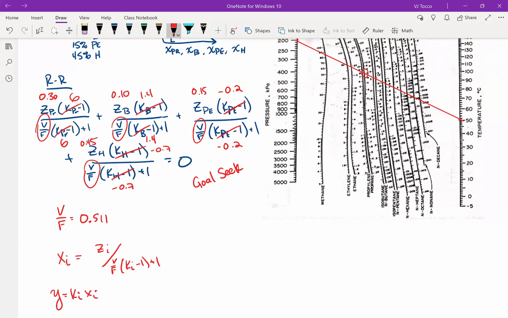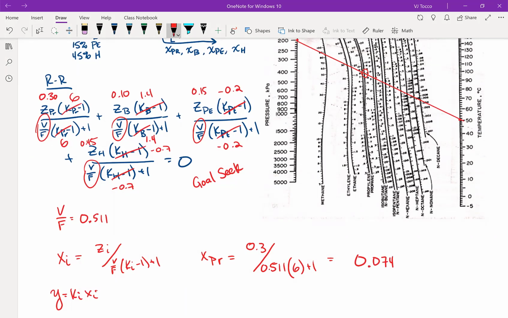So I'll just do a couple of examples. So for propane, for example, X propane is going to be 0.3 divided by 0.511 times 6 and plus 1. Performing that calculation gets me that X propane is 0.074.